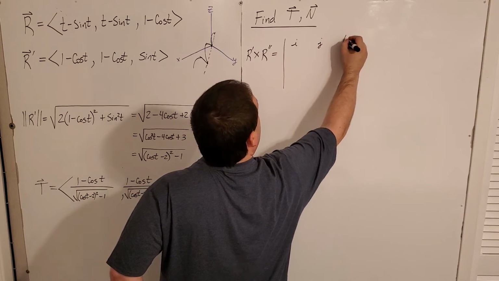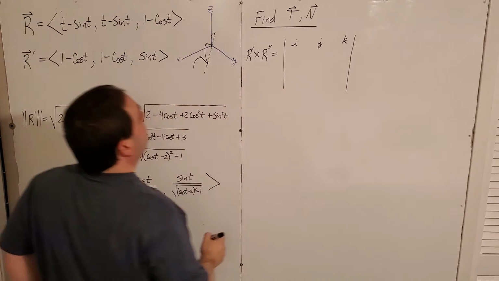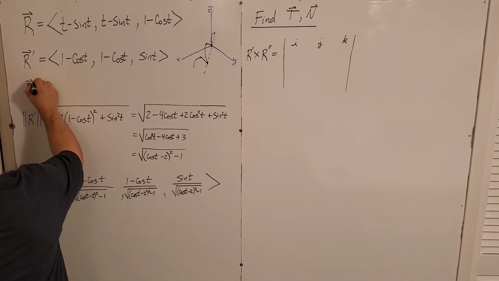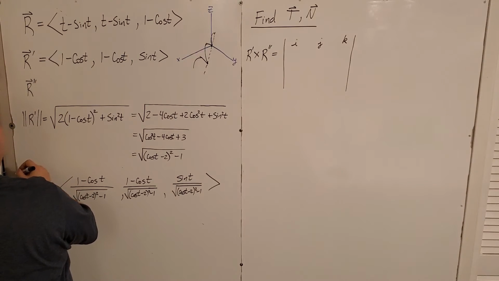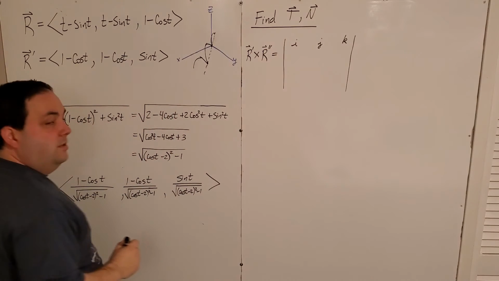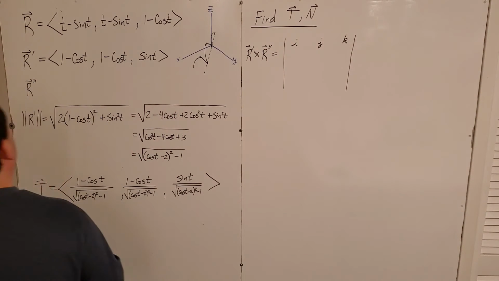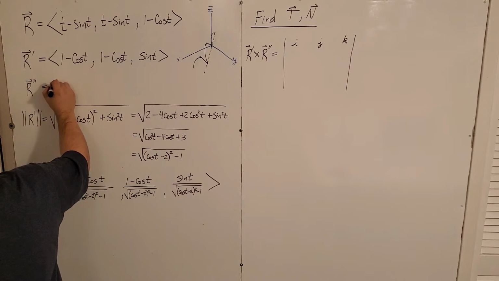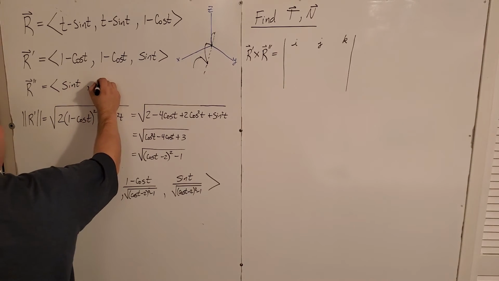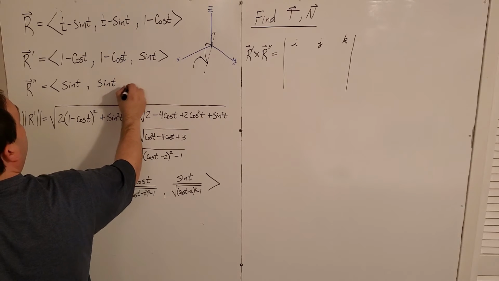ijk, right? I need r double prime in order to do that. If I've been forgetting my vector symbols here, somebody's going to have to call me on that one. Okay, so I've got sine, sine, cosine.